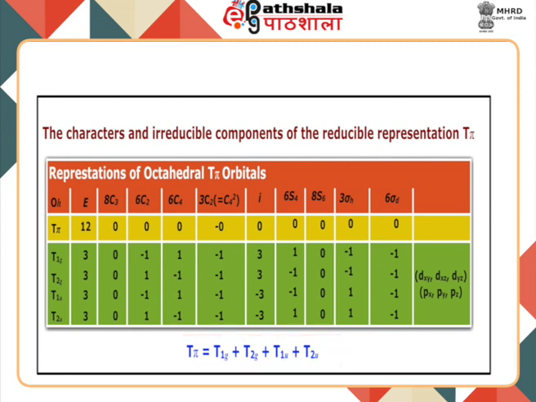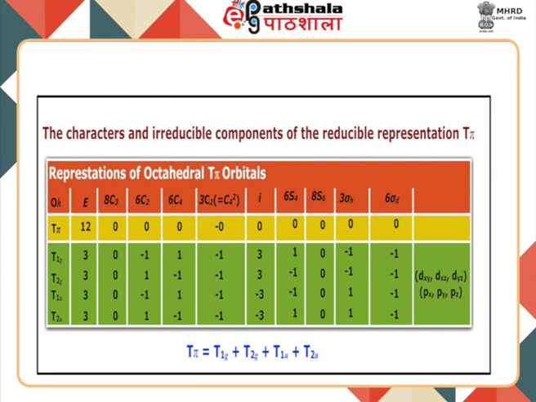Now, considering a transition metal complex, only 2 types of orbitals are available: T2g, which is dxy, dyz and dxz, and T1u type of orbitals, which are represented by px, py and pz.